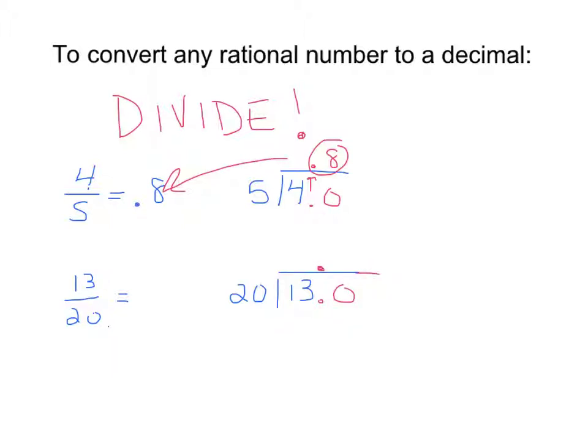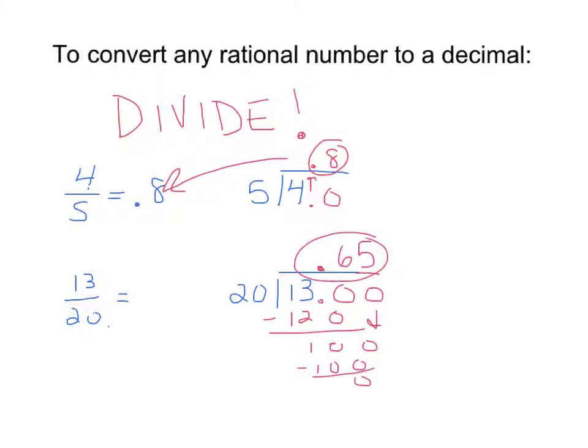So 20 goes into 13 6 times. 6 times 20 is 120. I subtract, I'm left with 10. So I need to add another 0. I can bring down the 0. 20 goes into 100 5 times. 5 times 20 is 100, leaving a remainder of 0. So what that means is that 13/20 is the same thing as the decimal 0.65.